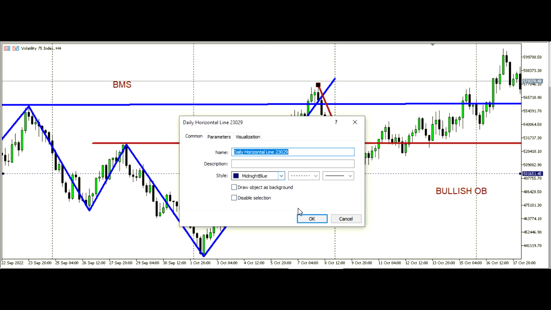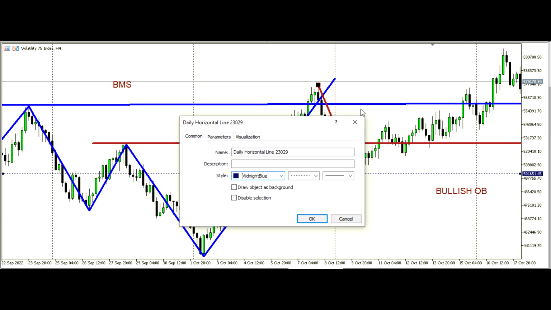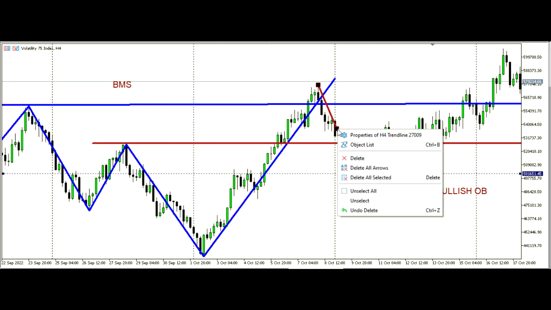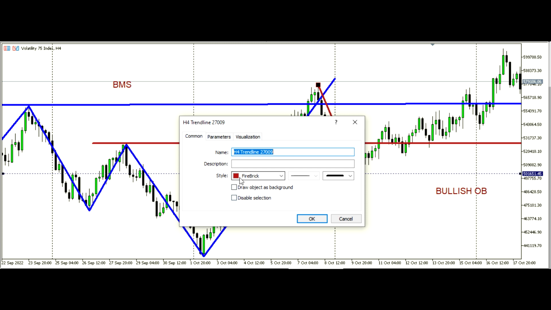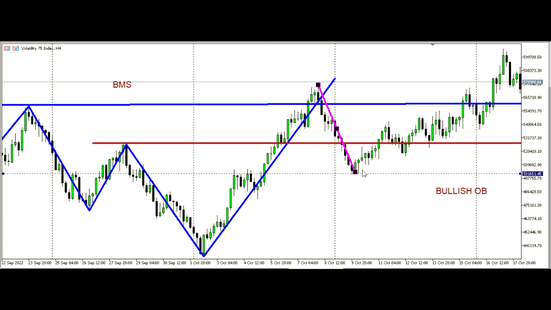Where do we expect price to trade and then get bounced off? Price could have traded down this way or this area.